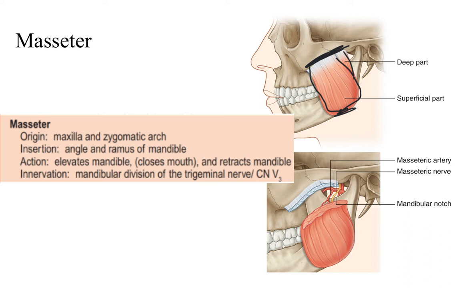And when you contract it, it basically elevates the mandible, and when you elevate the mandible, you close your mouth. Because of the angle it is, it's also responsible for retracting the mandible. Again, this is going to be a weird one because its innervation is going to come from the mandibular division, or V3, of the trigeminal nerve, or cranial nerve 5.